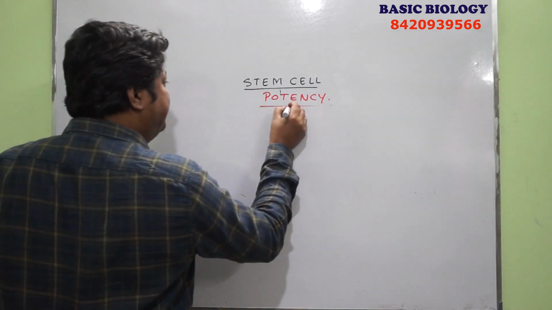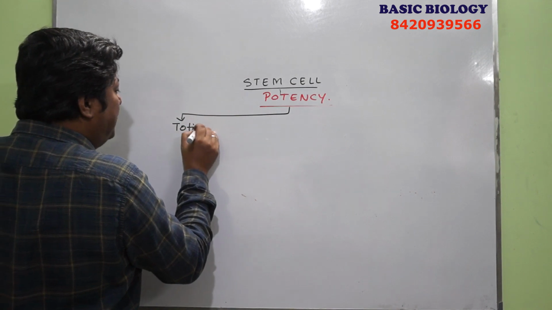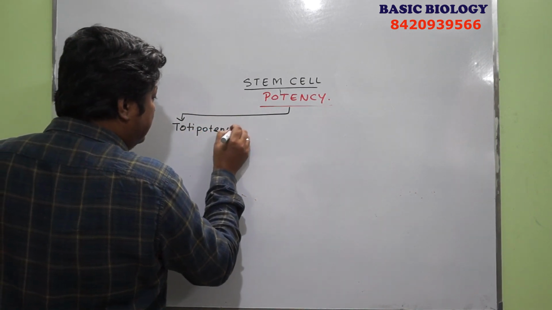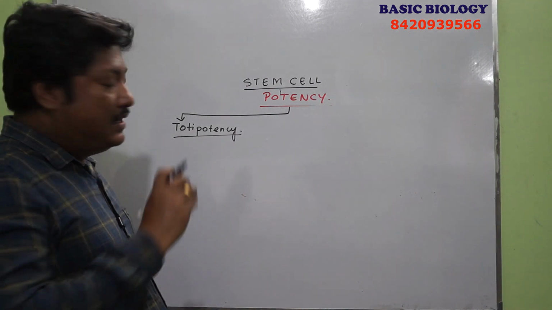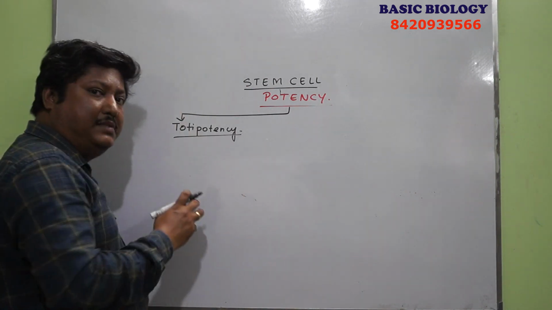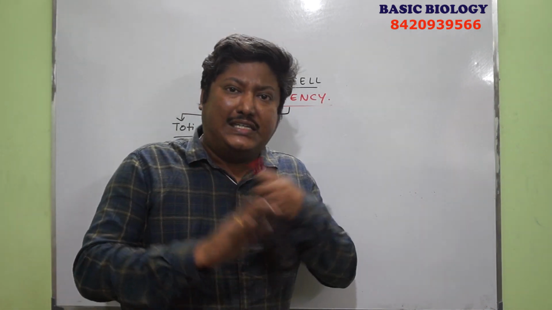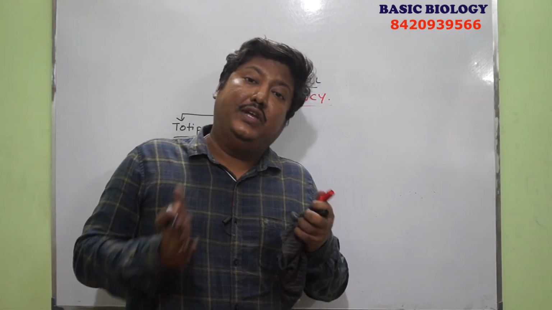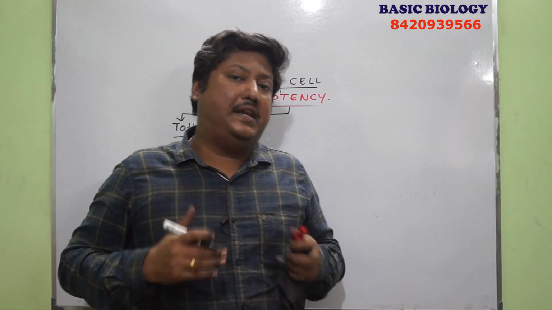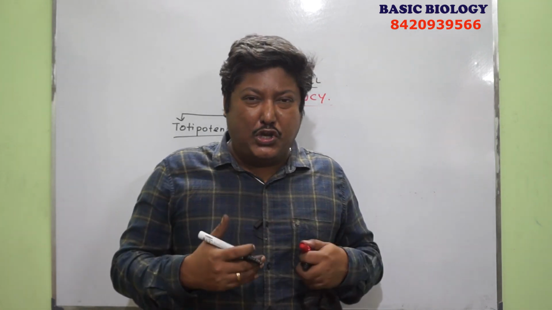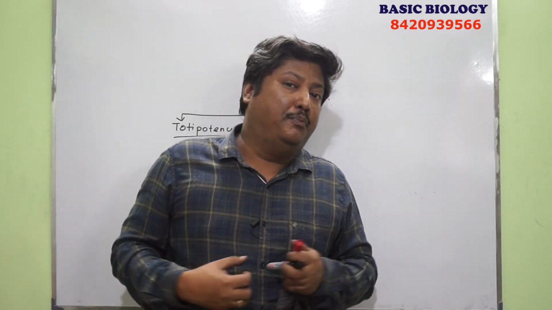The first one is totipotency, or the totipotent stem cell. Totipotency means these kinds of stem cells can generate or differentiate into all types of cells of our body, including the trophoblast. Trophoblast means what will form our extra-embryonic membranes, that is the amnion, chorion, yolk sac, allantois. These are all made from the trophoblast layer.